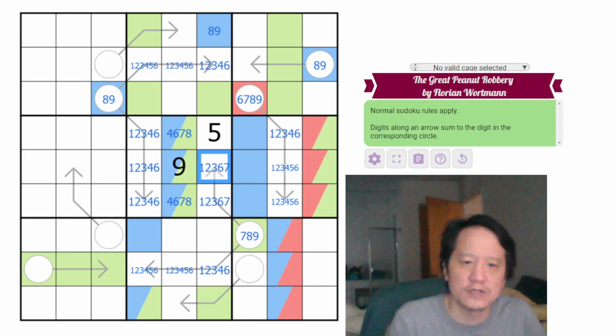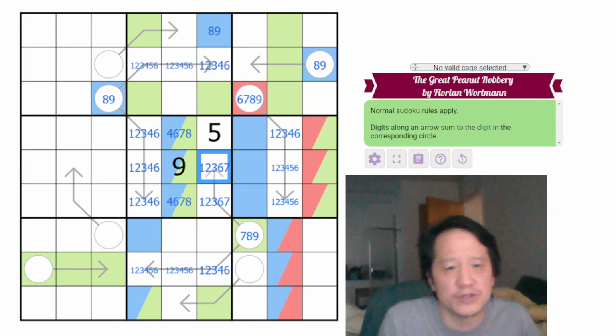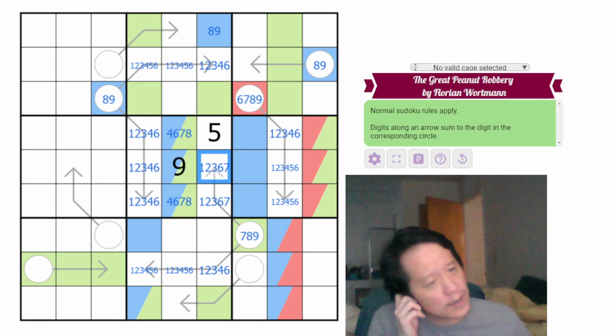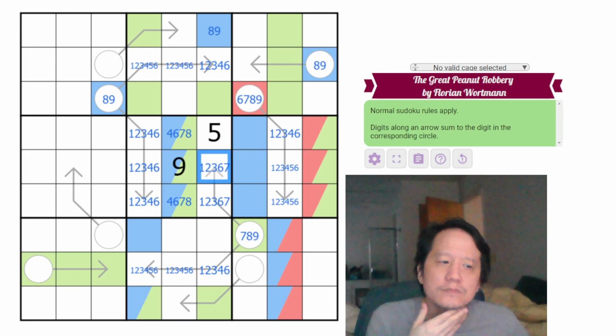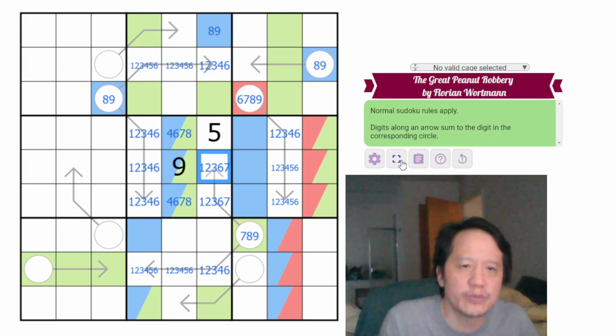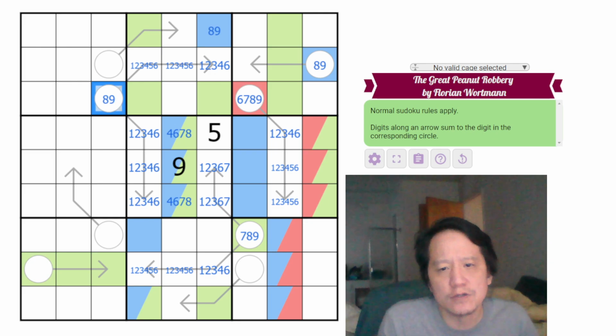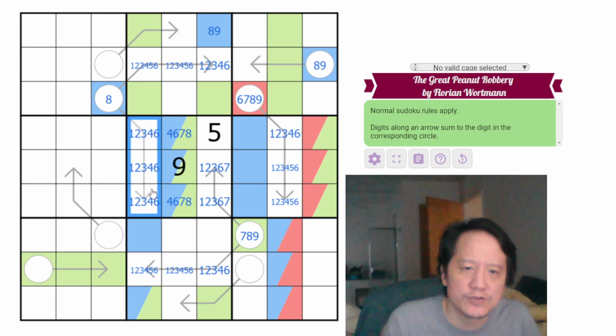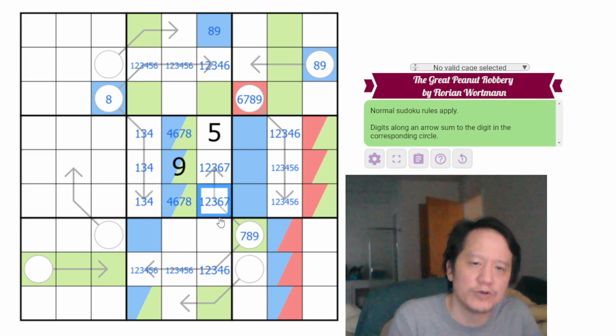So it's either 6 or it's 7. It could be 2, 7, which is possible. I think it could even be 1, 7. Yes, it could be 1, 7. So what are the possibilities? So, okay, say this was 8. That means we know for certain this is 1 through 4.